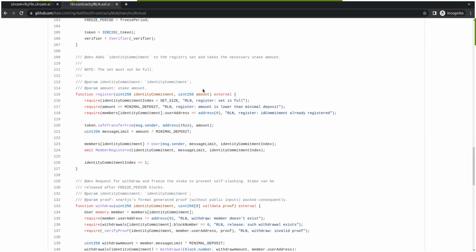And with slashing, there are also two different problems. One problem is basic, because it is an anonymous environment. You can easily use the RLN protocol as a mixer, like Tornado Cash, so you can use it for money laundering.